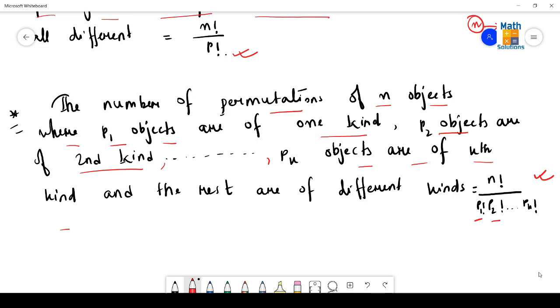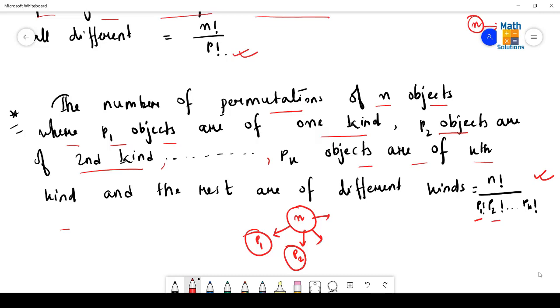So actually what this theorem says, say a total of n number of objects we are having, and among these n objects, say we are finding kinds of objects. Suppose this is the first kind where there are p1 number of objects and they belong to the same category. Similarly there is another kind of objects which belong to the same category, and this is p2.